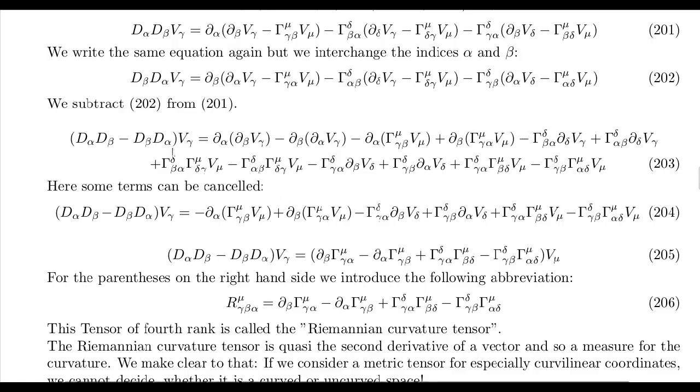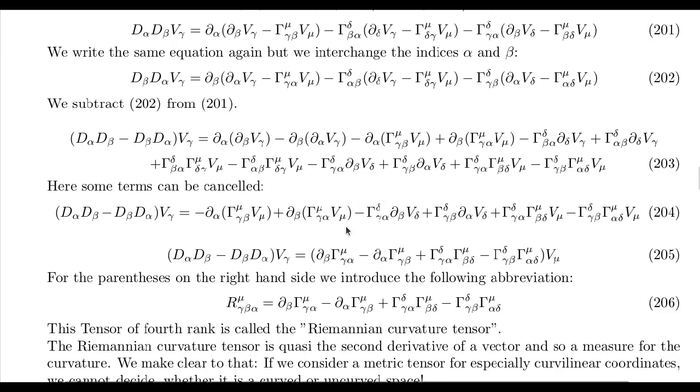And then the next 2 terms in the other line are the same situation. Beta alpha in the Christoffel symbol is the same as alpha beta. All the other indices are the same, and we have plus and minus. These 2 cancel out. The other 4 terms stay in the equation. So we now have this equation 204.